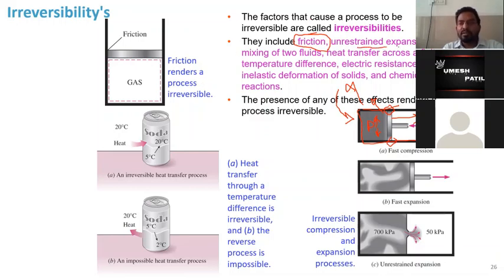Second cause of irreversibility is unrestricted expansion. If there is a piston cylinder arrangement, you can move the piston in this direction, there will be compression. If you expand this gas, the piston will move towards the right. So that will be restricted expansion, because that expansion has got restricted by this piston.